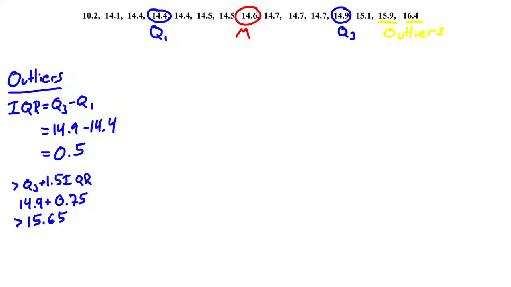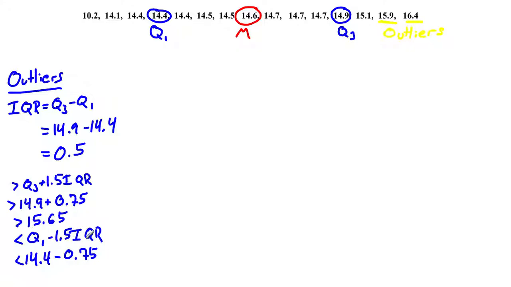Now I'm going to also look at values that are less than Q1 minus 1.5 times the interquartile range. So Q1 is 14.4. And again, the interquartile range is the same. It's 1.5 times the interquartile range of 0.5, which is going to give me 0.75.